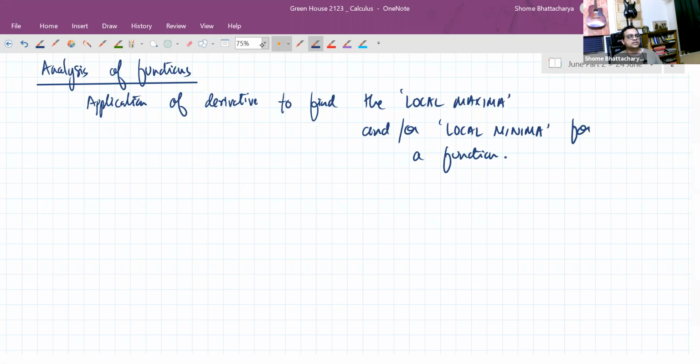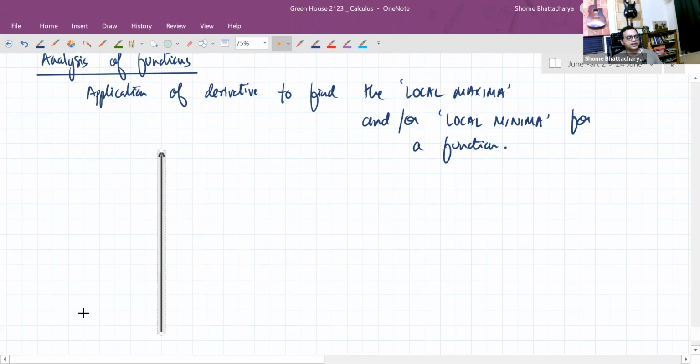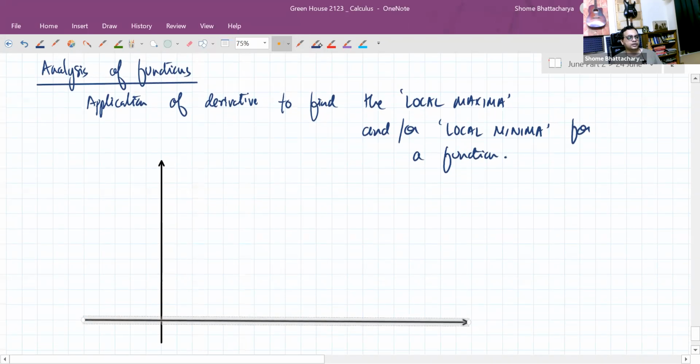First of all, let's understand what this term local maxima and minima means. We've actually already seen what local maxima and minima are indirectly. If the graph of a function is behaving in such a way that it rises, reaches a peak, and then dips, then such a point is called a local maximum.